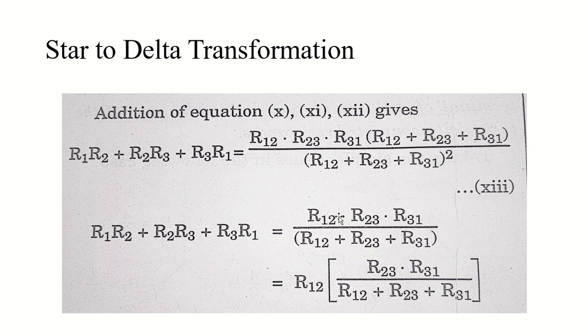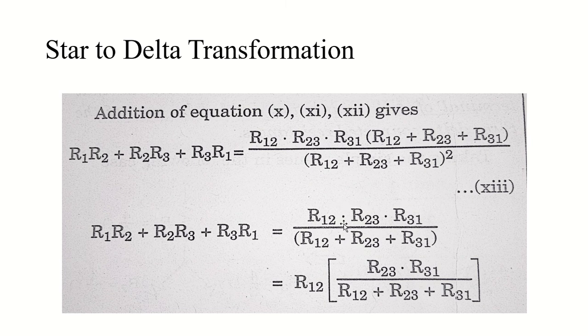Out of these two values it was squared, right? So we will be left with one value, R12 plus R23 plus R31. It is not squared, only a simple value. Okay, and in the numerator we will be left with R12 dot R23 dot R31. Now let me take one thing here.